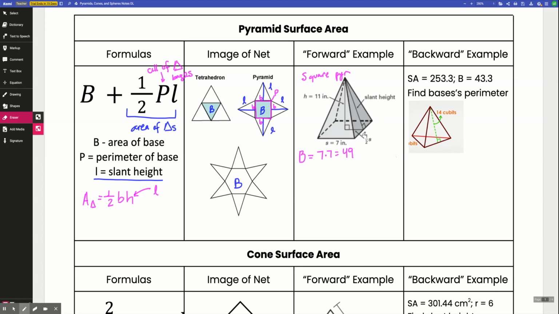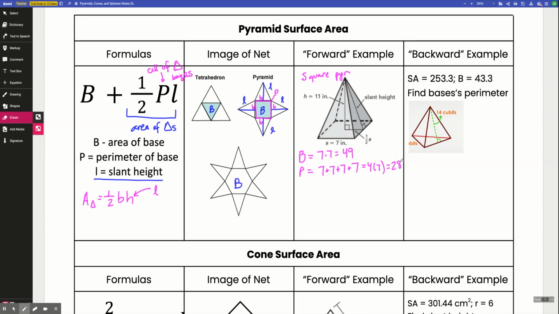So that's the area of my square at the bottom. I can pretty easily find the perimeter of the base shape, because it's a square, so it would just be 7 plus 7 plus 7 plus 7, or you could do 4 times 7, which is 28.